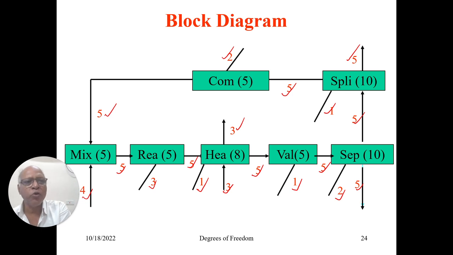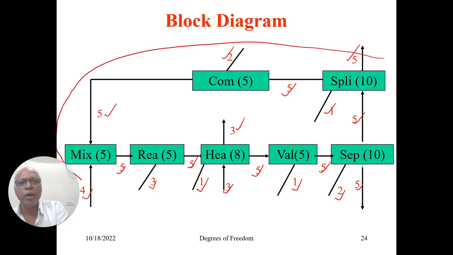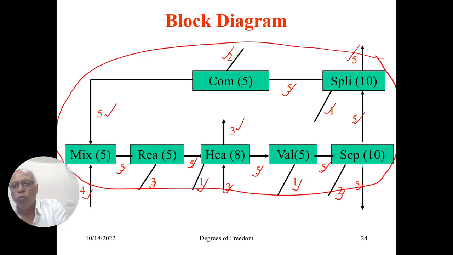Now if I try to look at this entire problem, what is the option for you? You know that you have to define the input streams 4 and 3. 7 are already taken care of, plus all the equipment parameters. What is the total number of equipment parameters? 3 plus 1, 4, plus 1, 5, plus 2, 7, plus 1, 8, plus 2, 10.